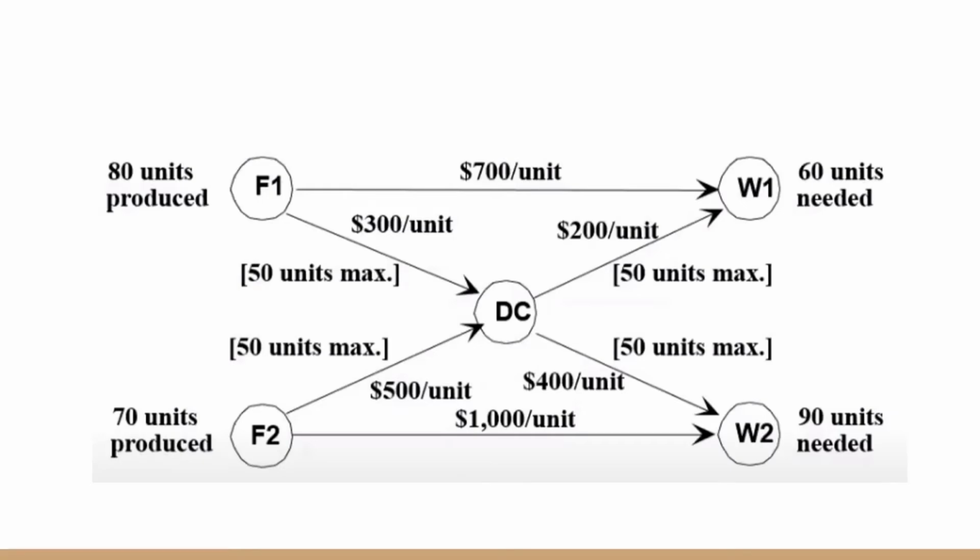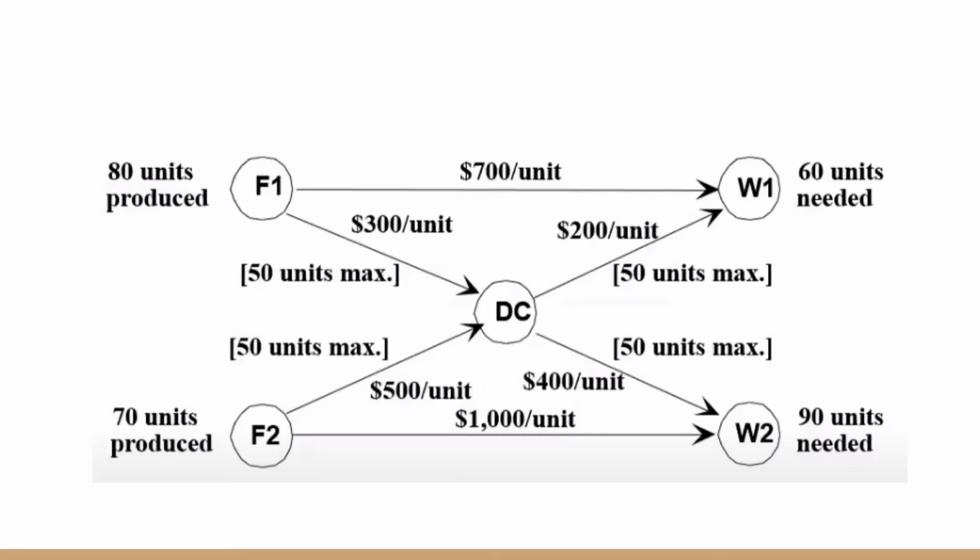What that means is that for every unit we send from factory 1 to warehouse 1 along this direct rail at the very top, we will incur a cost of $700 per unit. So each arc is now characterized by the cost to move one unit along in the direction of the arrow. If we go through the distribution center, we incur separate transportation costs.